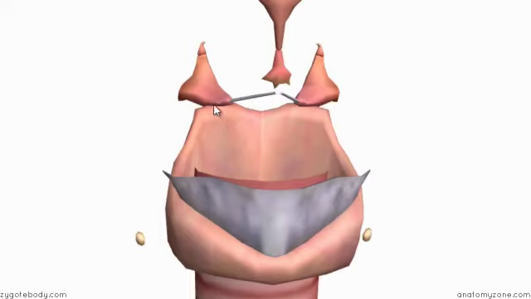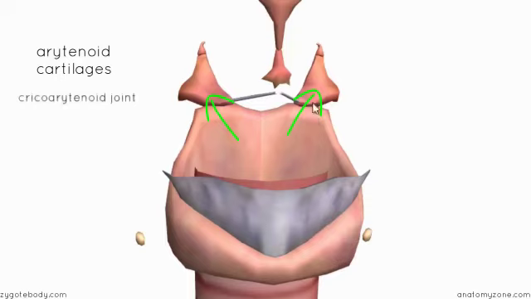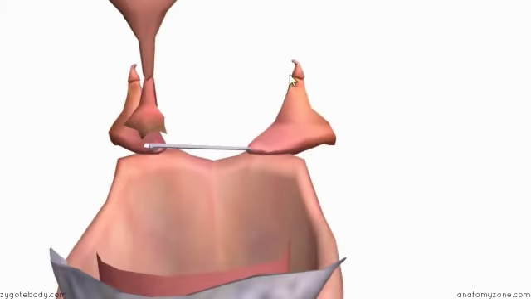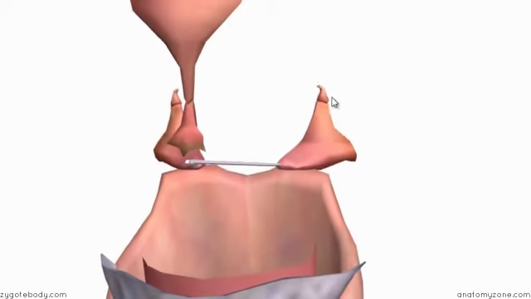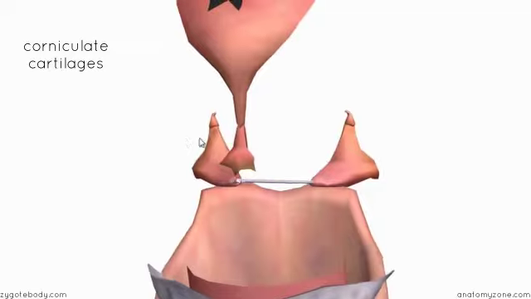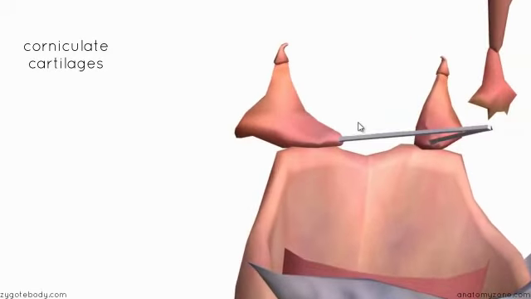And now we've got the paired cartilages. So you've got the arytenoid cartilages sitting on top of the cricoid, and on top of the arytenoid cartilages you can see these horn-shaped cartilages. So these are called the corniculate cartilage. So they get the name from the Latin cornu, which means horn, and you can see they're horn shaped.